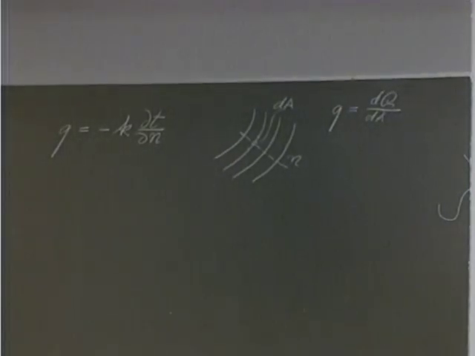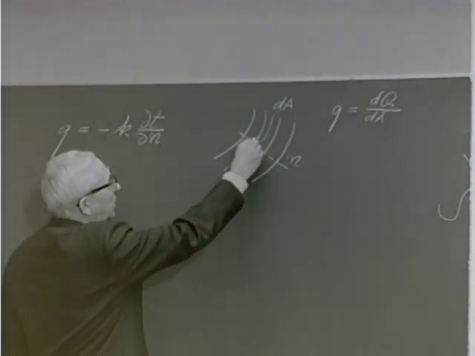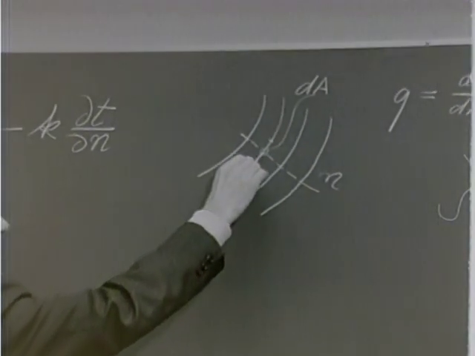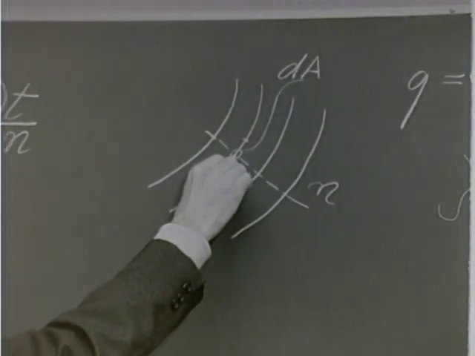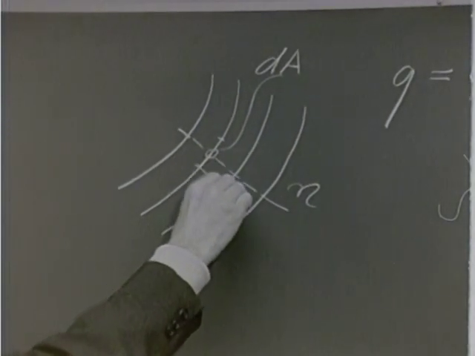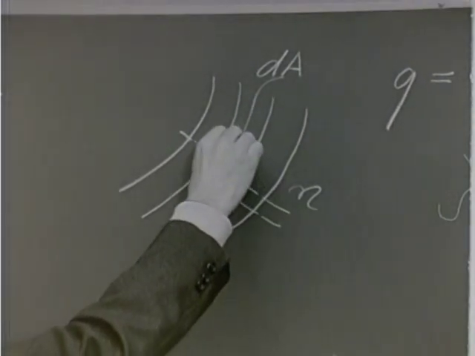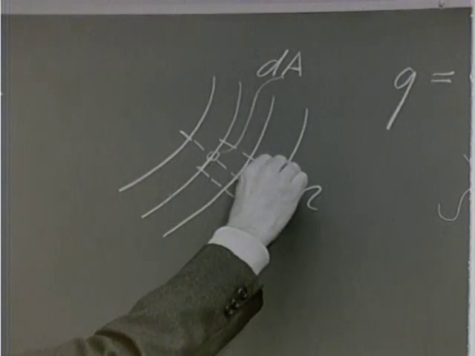Now, we will at the moment make the heat balance on a stream tube. We know that such a stream tube we could construct by considering all the heat flow lines around the periphery of our area element dA.